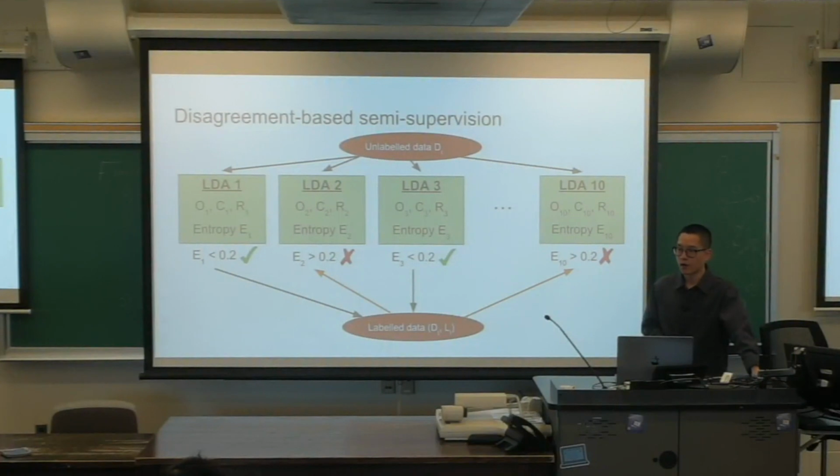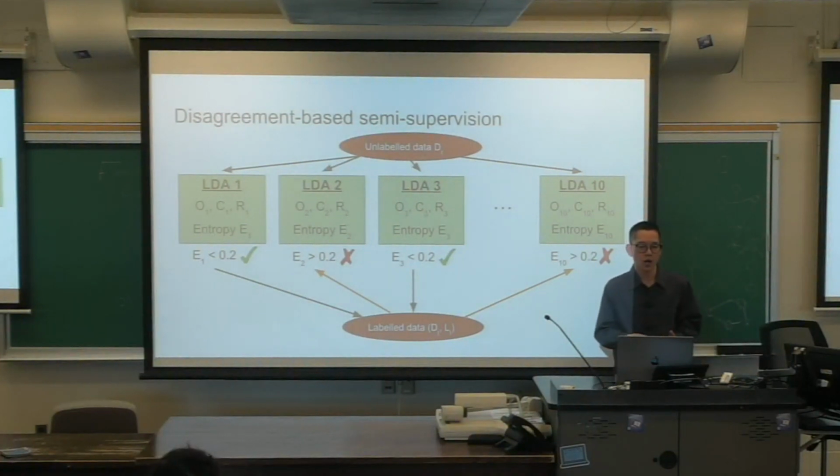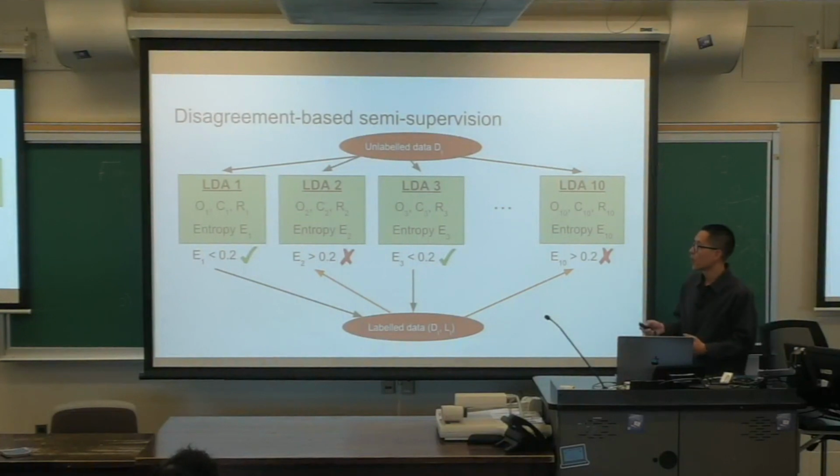Okay. So we train an initial algorithm and then we start to use the device on the subject, and the unlabeled data starts to arrive. When a new unlabeled data sample arrives, we feed it into all the classifiers in the ensemble.